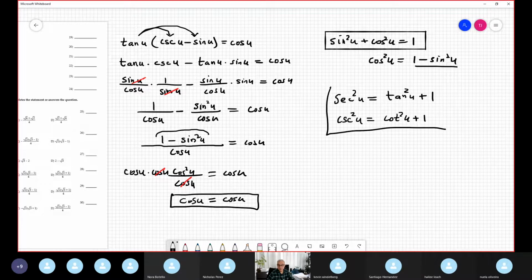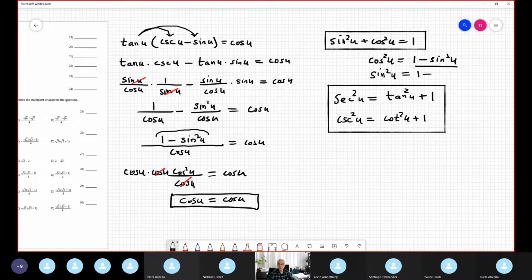And this and this and this belong to the same category, Pythagorean. You need to be aware to replace. Secant square is tangent square plus 1, or cosecant square is cotangent square plus 1, or cosine square is 1 minus sine square, or sine square u is 1 minus cosine square.